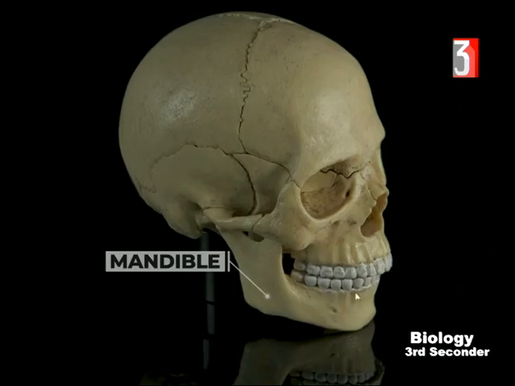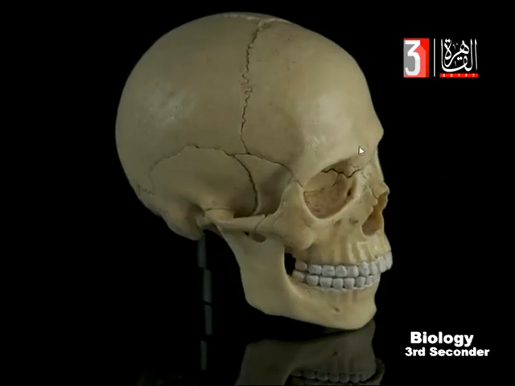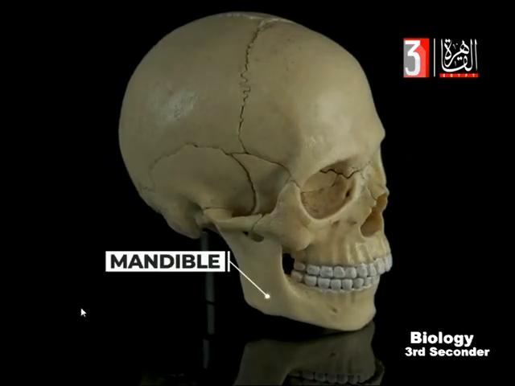This is the facial or anterior part, containing 14 bones, including face bones and 2 movable jaws. This is the facial part of the skull.